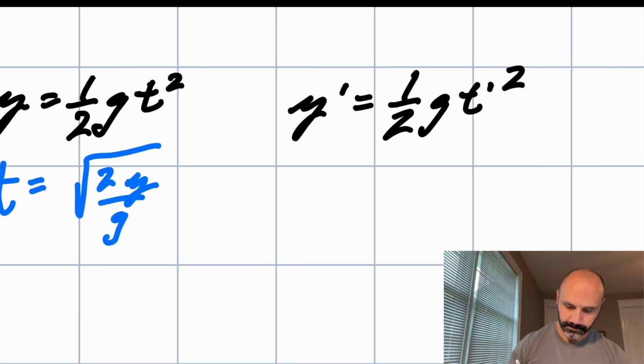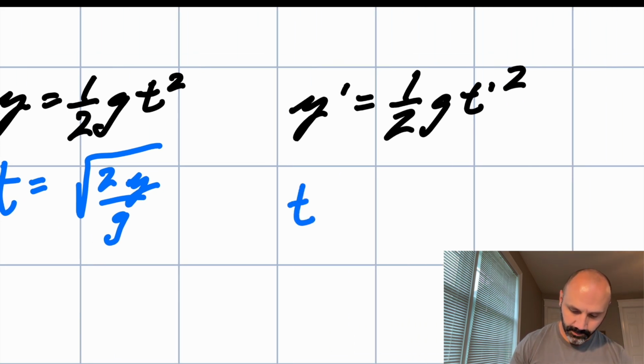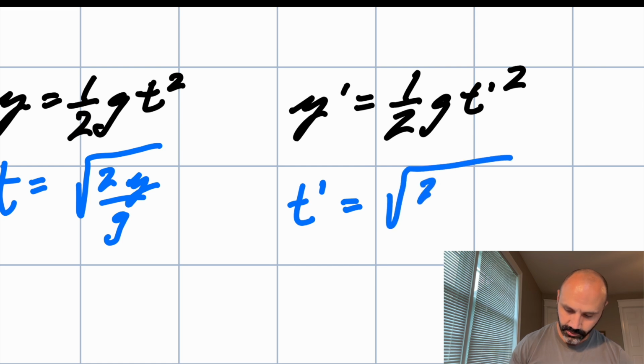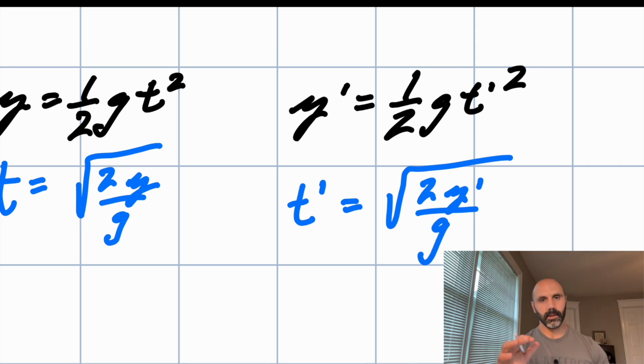Now over here, t prime equals the square root of 2y prime over g. But y prime is related to y. One of the key things I'm looking for is to get everything expressed in the same variable. So I've got y prime, I've got y, I've got t prime, I've got t.